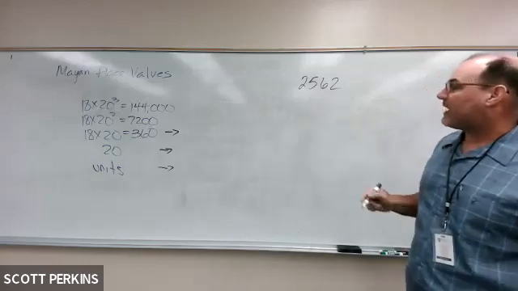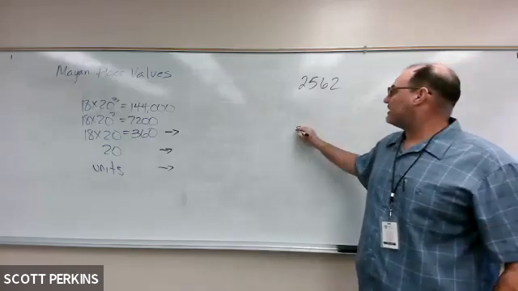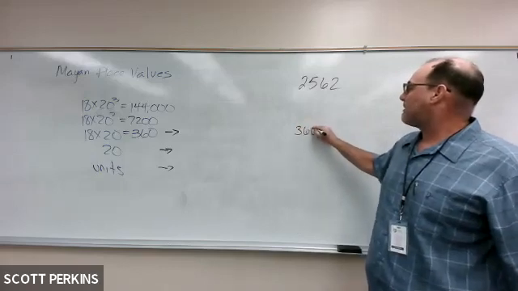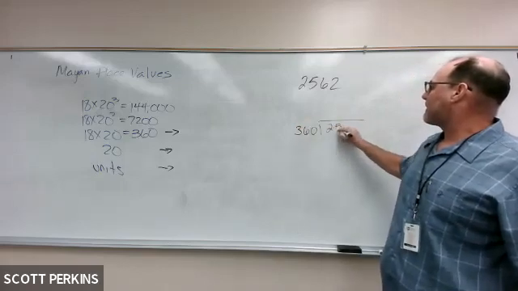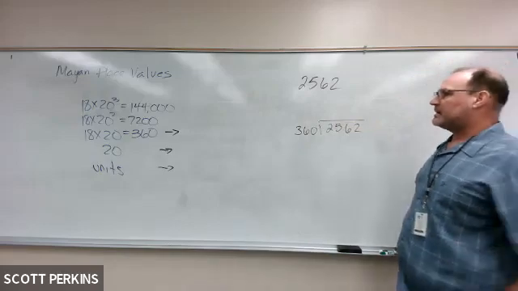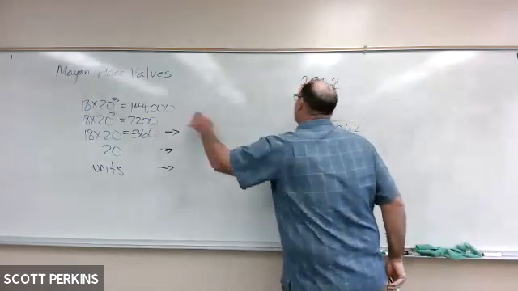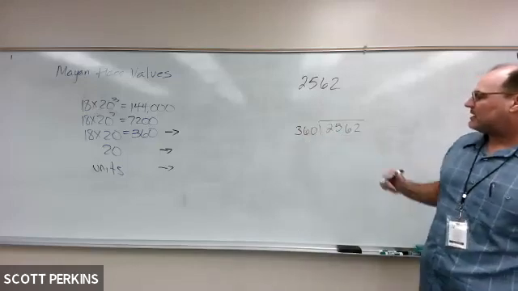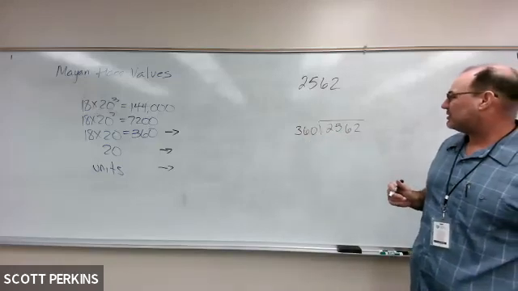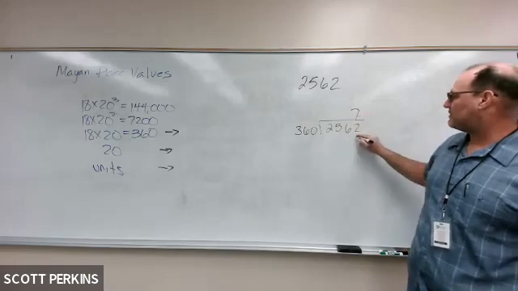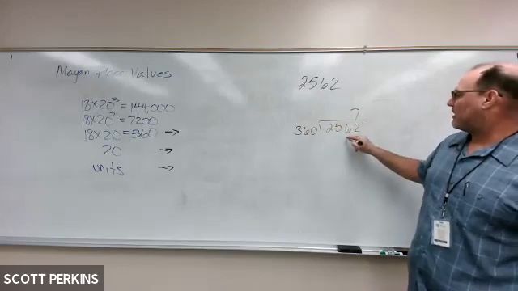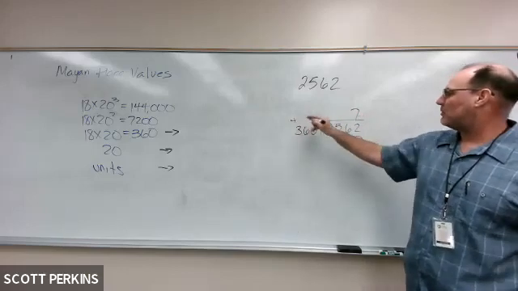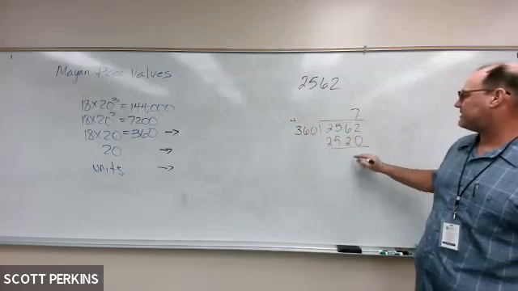All right, 2562. We're going to start with 360 because 7,200 is too big a place to start. And how many times does 360 go into 2,562? 7. So 7 times 360 is 2,520.